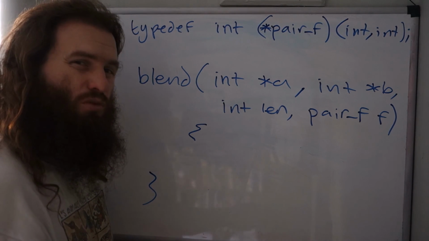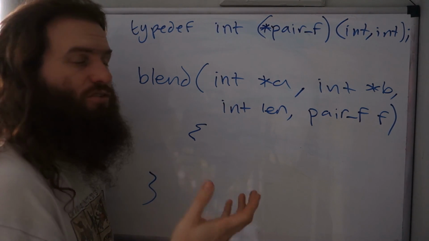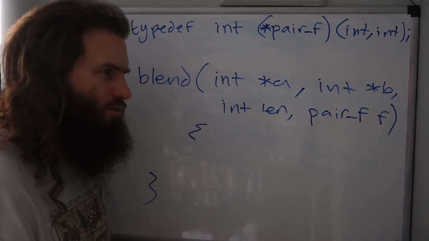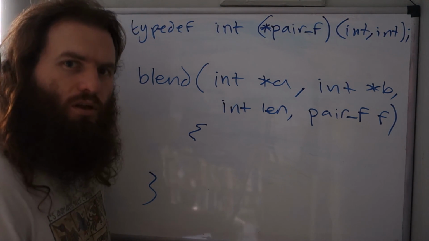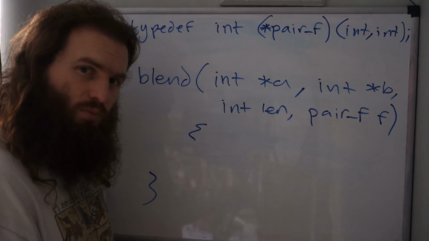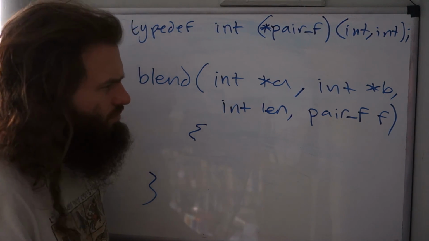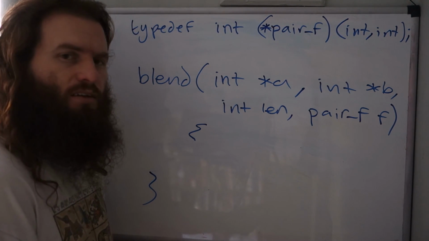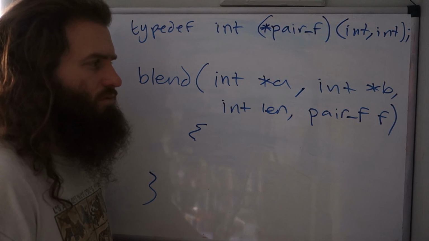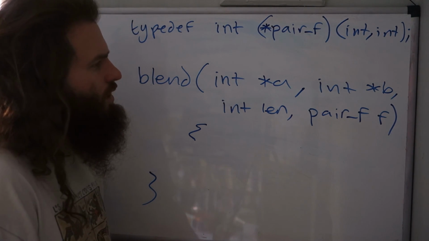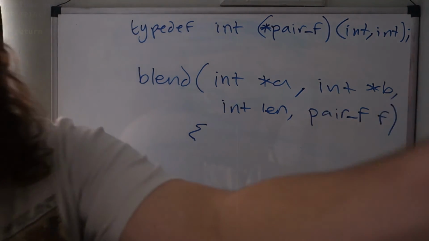A good example of this would be a sort function, where your comparison operation would be different for strings or pixels or cars or people, or to say whether things are equal, greater than or less than, given two objects. And you could then write a custom compare function and pass that in. And that's how, for example, the qsort function works.